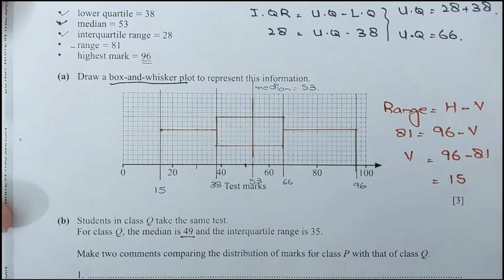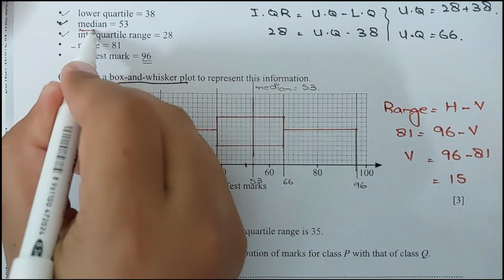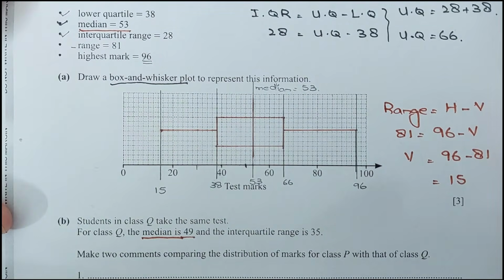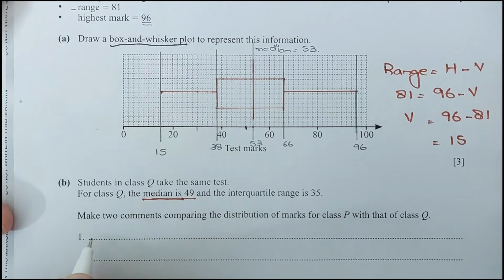So the first comment I'm going to make is on the median. The median here is 49 and here the median is 53. So for class Q, the median is lower. So we can say class Q scored fewer marks because the median is lower.